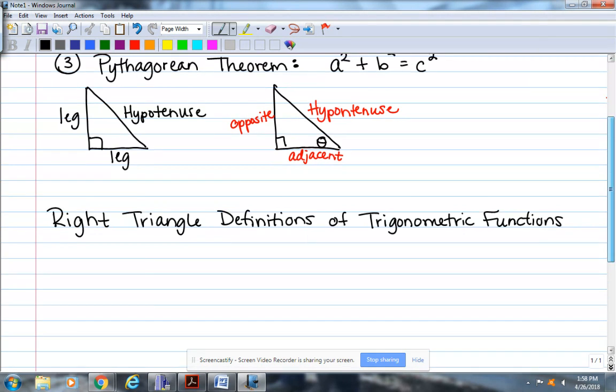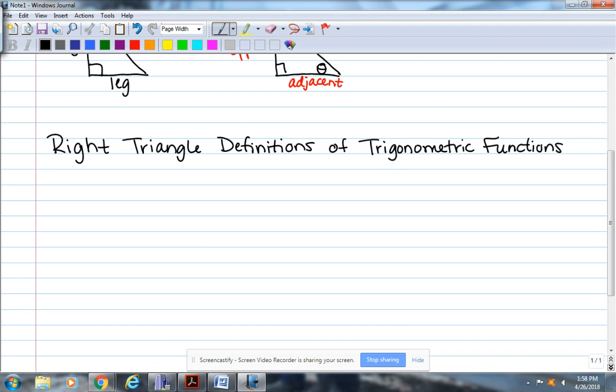Very good. All right, so we have 6 of them. We have one called sine. I know it says sin, but you say sine. You've got one that says cosine. I know it says cos, but it's called cosine. And you've got one that's called tangent. It is written tan, but it's tangent.